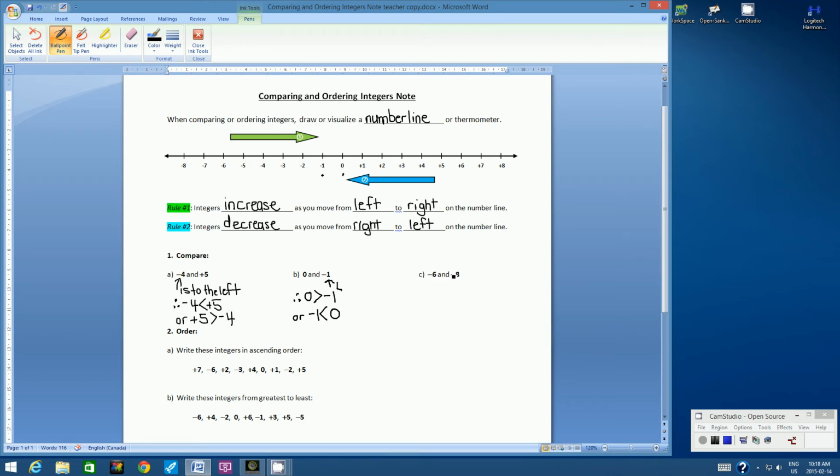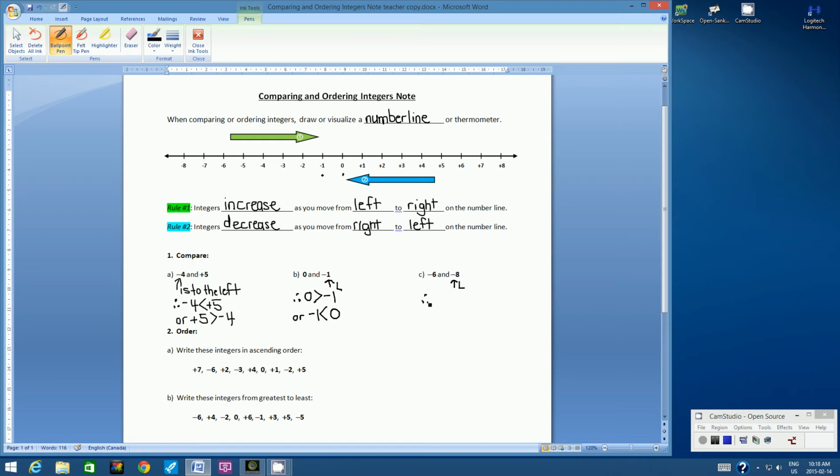So see if you can do this one on your own. I'll give you a 10 second head start. All right, so which one is to the left? Well, negative 8 is to the left. I put an L here, to the left.